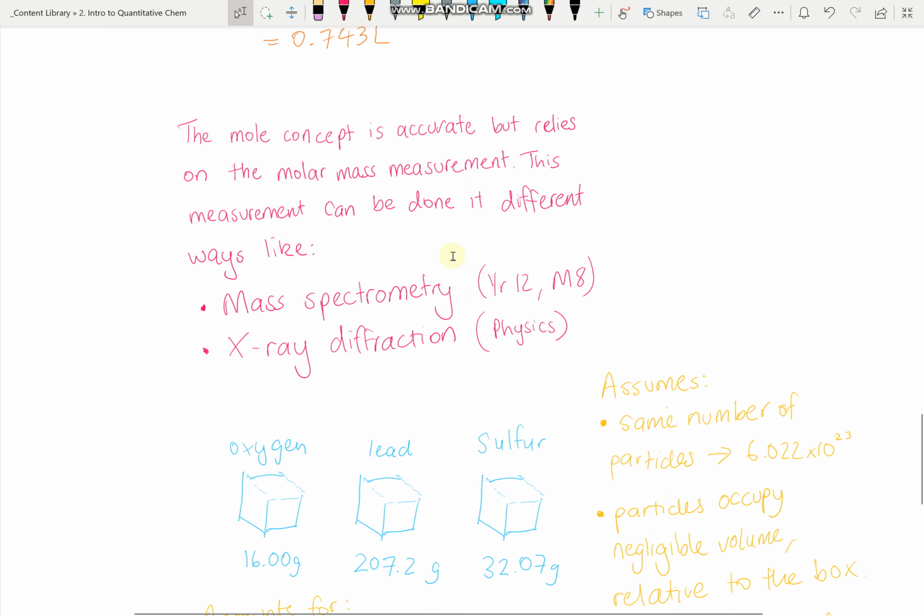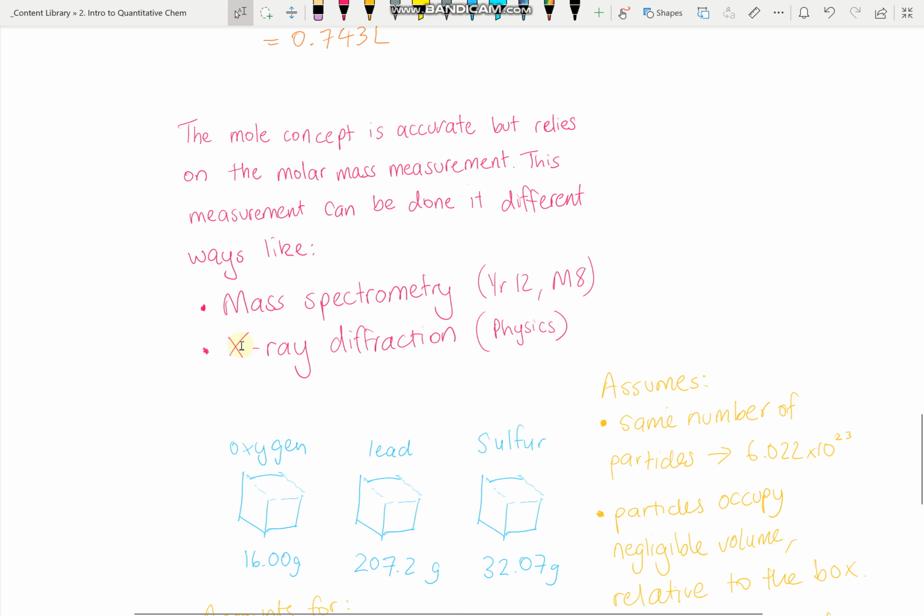And so this is the one I start with, but there's also mass spectrometry, which you learn about in year 12, module 8, where they put everything into gas form and they measure out the mass of each element or whatever you're looking at.